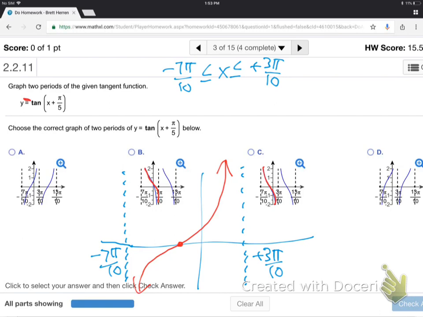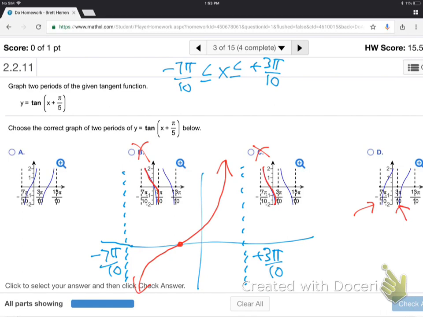If you had a negative in front of the tangent, like any graph with a negative in front, it turns it upside down. That's not right. So it's not B. It's not C. Could it be D? D's going up. That's good. And I know you can't see it very well, but I'm seeing -7 pi over 10 and 3 pi over 10 like we've got.